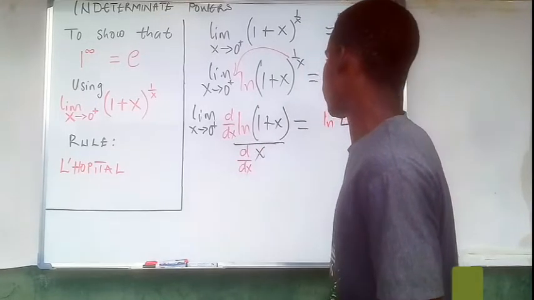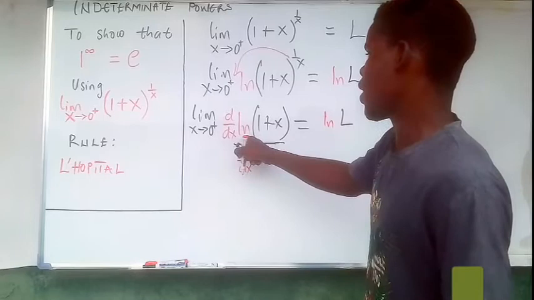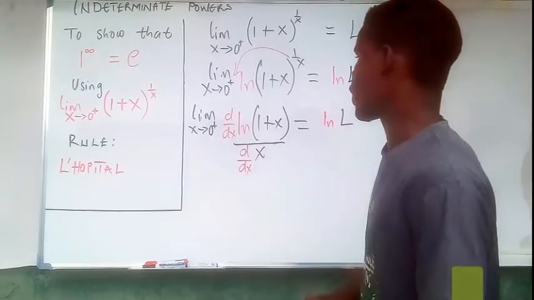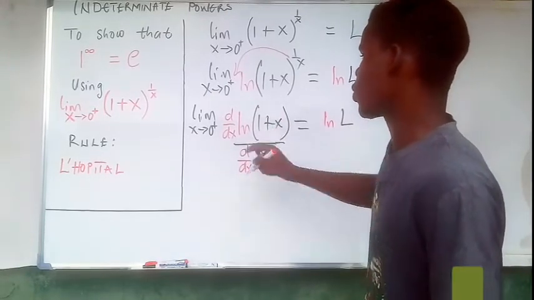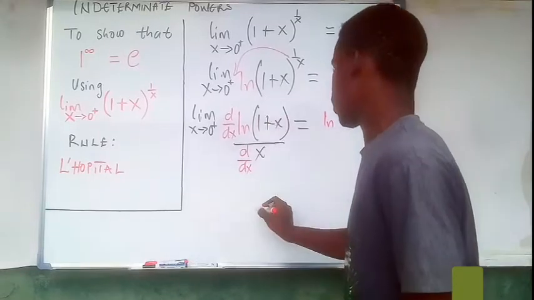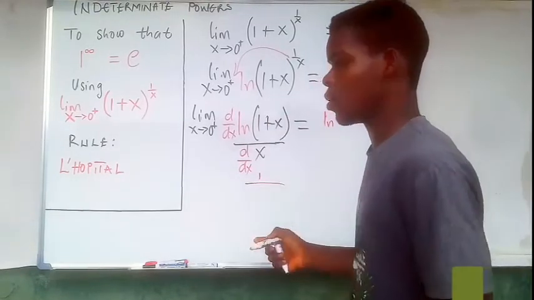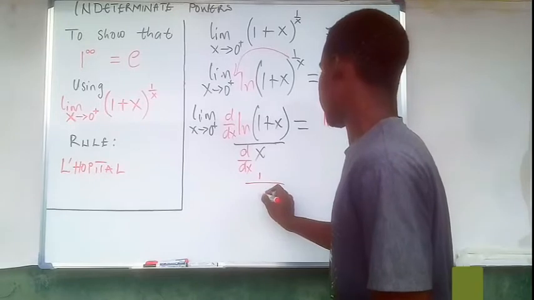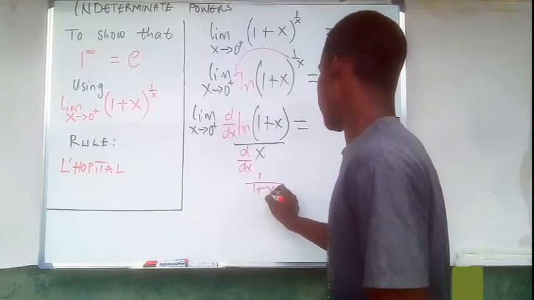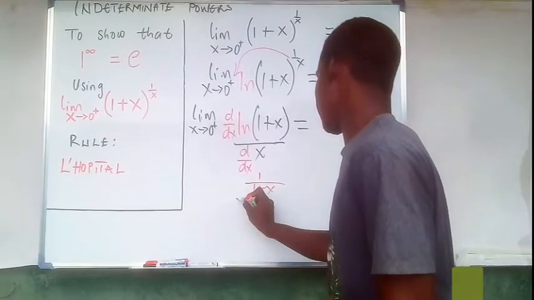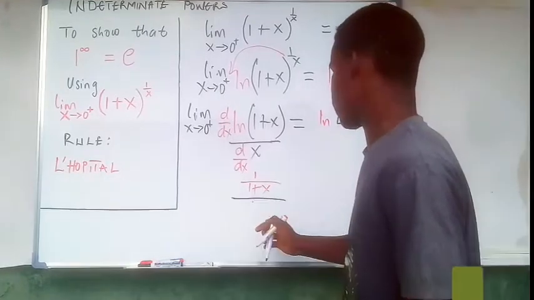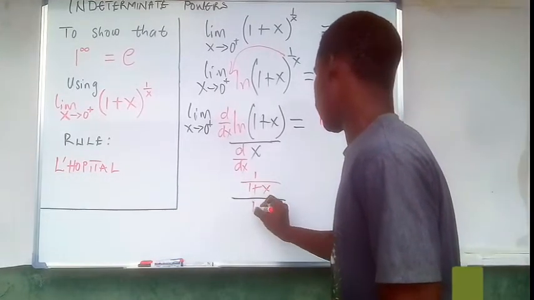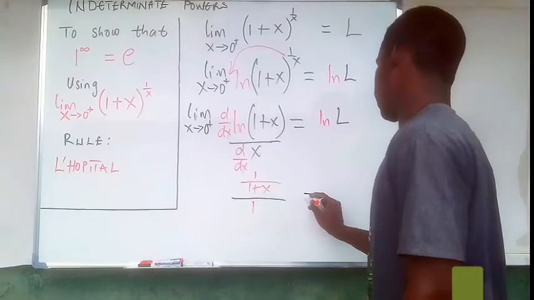So we differentiate the numerator: the derivative of ln(1 + x) is just 1 over 1 plus x, divided by the derivative of x with respect to x, which is just going to give us 1. Still remember your ln L.